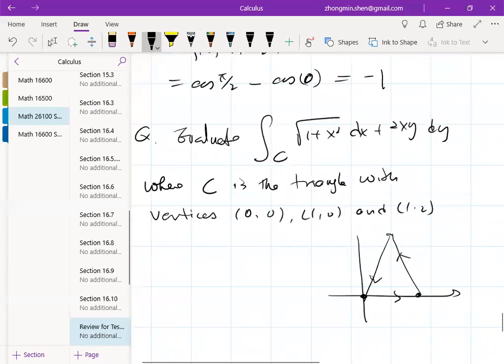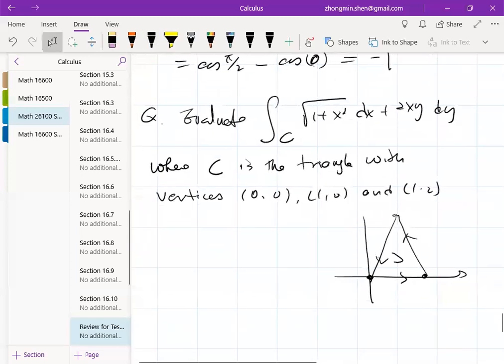So it's a closed curve. Line integral of a closed curve. Usually the easiest way is to apply Green's theorem to solve it, if I do not tell you what method to use, because it changes it to a single integral, a double integral over a domain D, where C is the boundary.